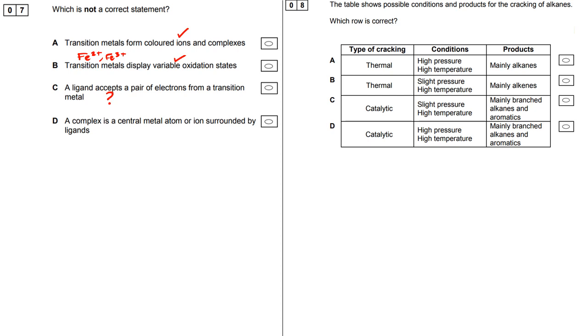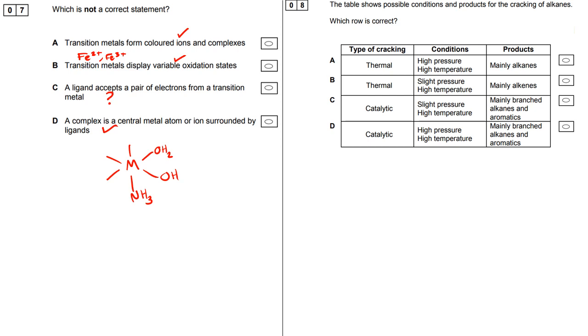Statement D. A complex is a central metal atom or ion surrounded by ligands. So your transition metal will form coordinate bonds, often 6 coordinate bonds, with ligands such as water, it could be hydroxide, could be ammonia, chloride, etc. So that is a complex, so that's correct. So going back to statement C, a ligand accepts a pair of electrons from a transition metal.